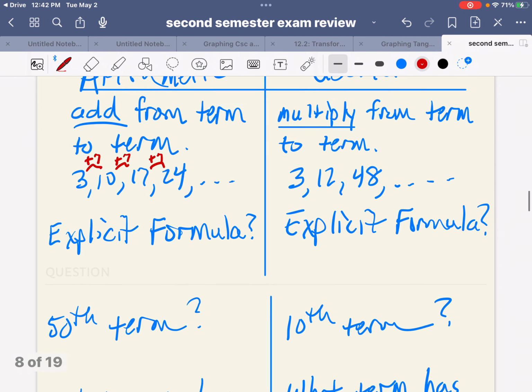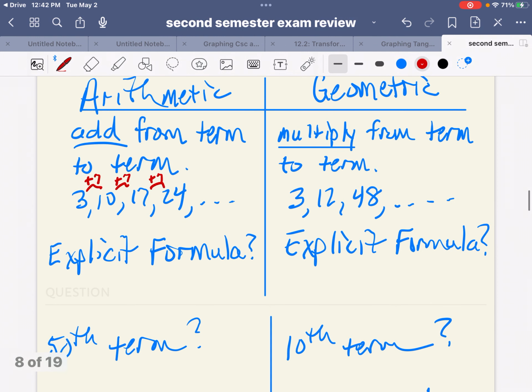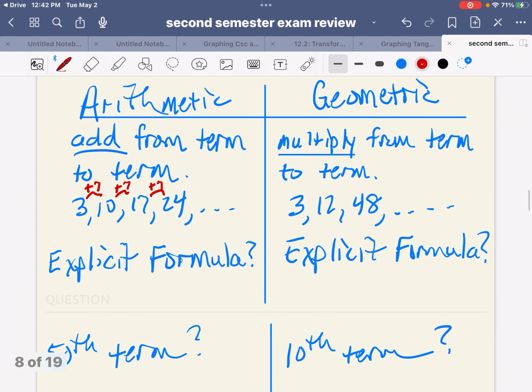We learned that arithmetic sequences have an explicit formula, a sub n equals term 1 plus the common difference times n minus 1. So here we would say a sub n equals 3 is the first term plus 7 is the common difference times n minus 1.